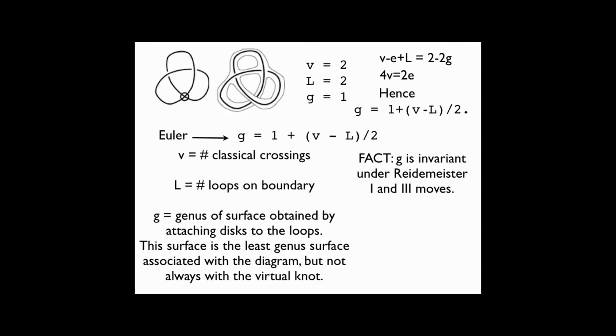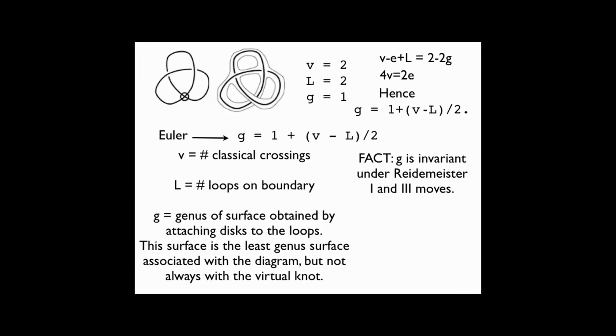So that tells us that in this case we have genus 1. And in general, by doing a little calculation, the genus is equal to 1 plus the difference between the number of crossings in the diagram and the number of loops in the boundary, divided by 2.